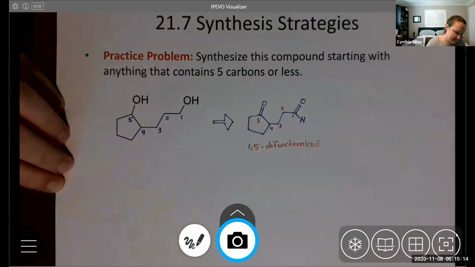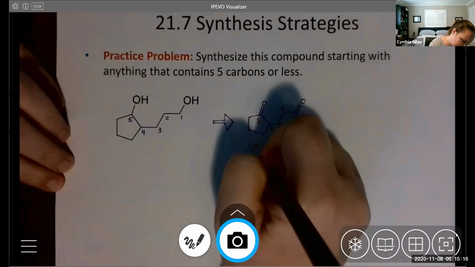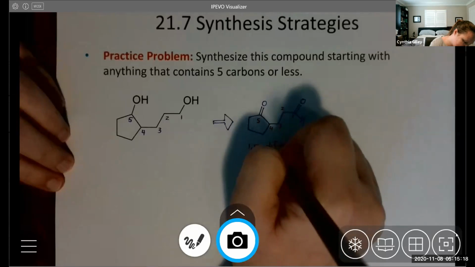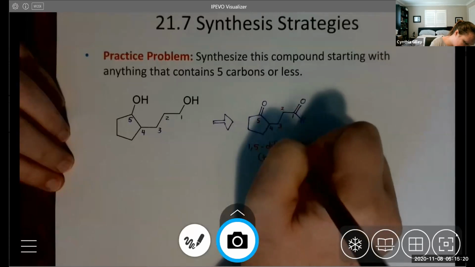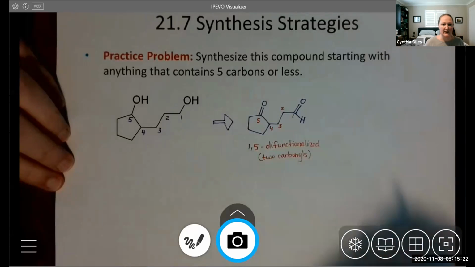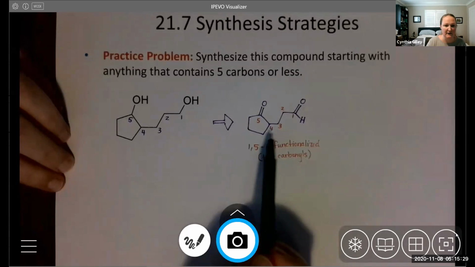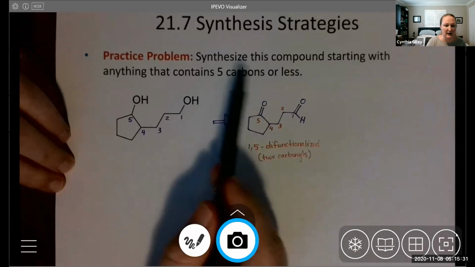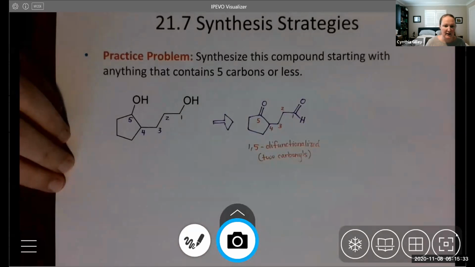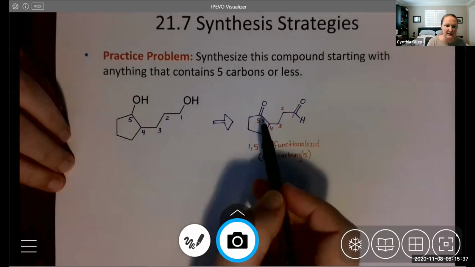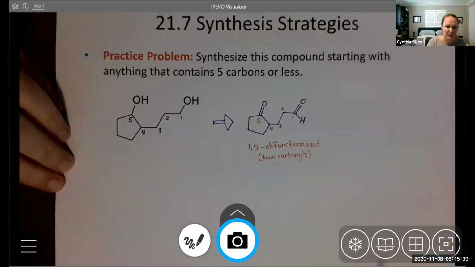And it is their 2 carbonyls, which is something that we know how to make through the Stork enamine reaction. Okay, but I still haven't broken this up to 5 carbons or less in terms of the reactants. But recall that I can make 1,5-dicarbonyl compounds through Michael addition reactions.